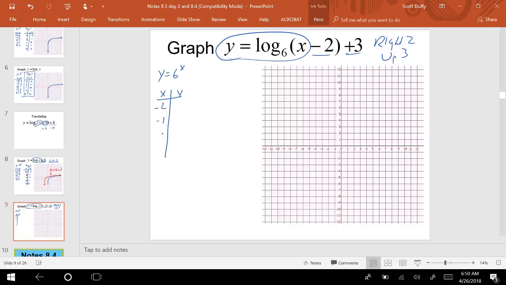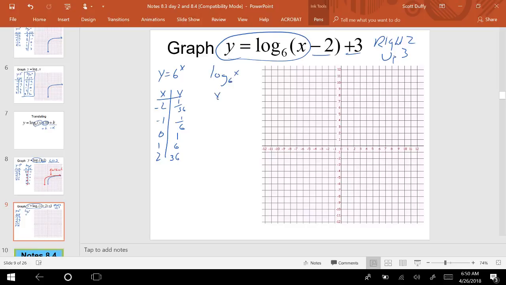Negative 2, negative 1, 0, 1, 2, 1/36, 1/6, 1, 6, 36, log base 6 of x.